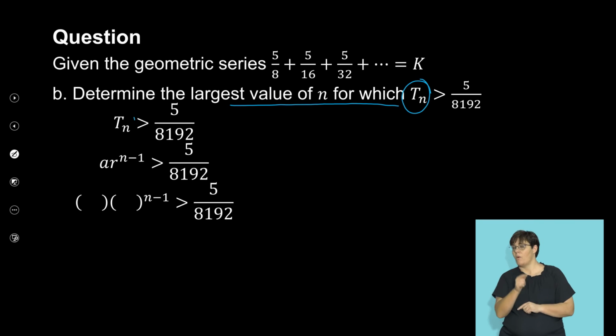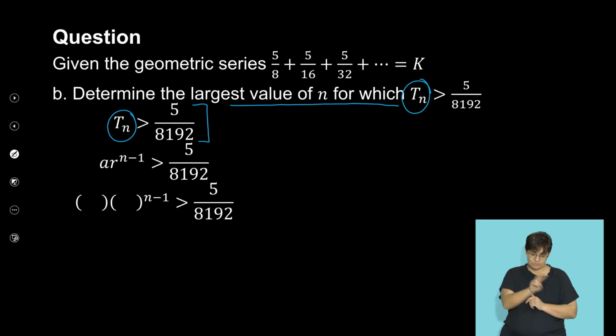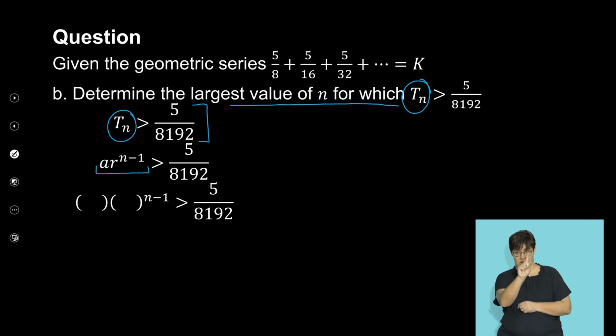So I'm looking for where Tn is greater than this. I know that I can replace Tn for a geometric series with ar to the power of n minus 1. Luckily, I know what my a is. My a is 5 over 8.